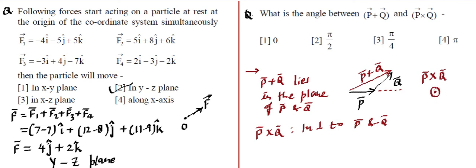So that means perpendicular to the board and outward, whereas P plus Q is in the board. So this is in the board, this is perpendicular, that means the angle between this vector and the P plus Q vector is 90 degrees. So this is option 0, this is 90, this is 45, this is 180, so 90 degrees will become our answer. Making sense? If it is, we can move towards the next problem.